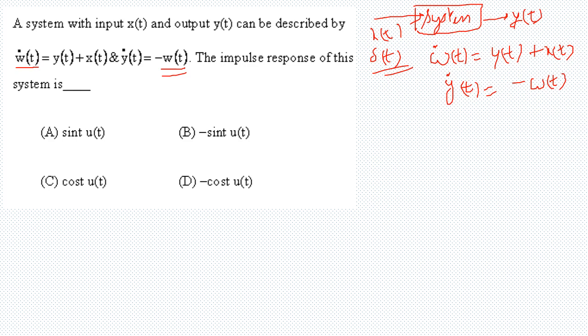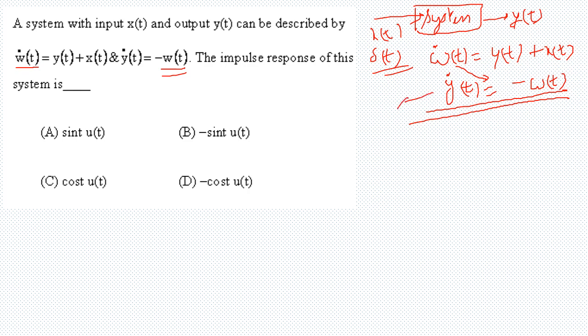If I differentiate this equation once, I get w dot of t. And once that is done I can substitute the value of w dot of t from here and get rid of w of t. So let's do that.